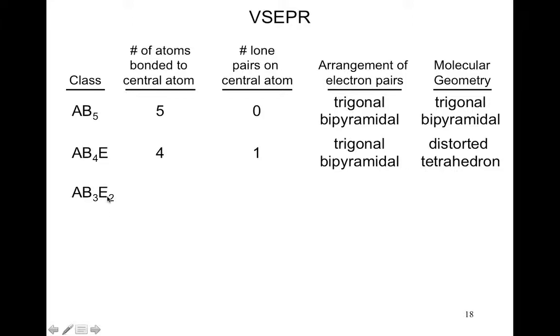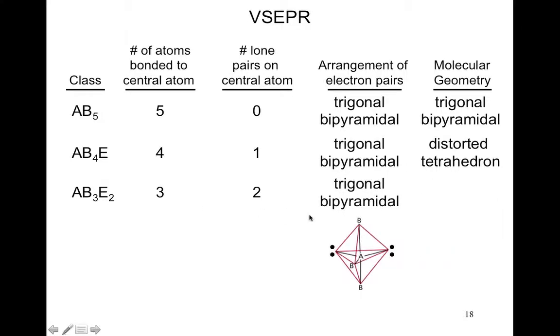So let's put 2 electron pairs on there and only have 3 bonded atoms and see what that looks like. Well, here they're sticking with showing you all of our electron pairs, because we're always adding up to 5 basically, is always trigonal bipyramidal, but those aren't molecular geometries. And what you're asked about is molecular geometries. So this is neat, but this is important.